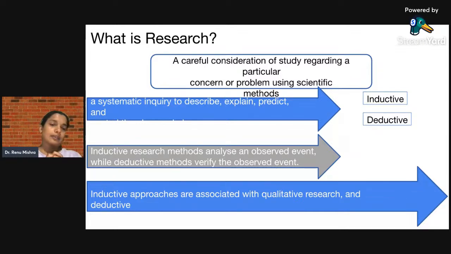All right, then comes that whenever we are conducting a research, it has to be a proper systemized form of inquiry. Okay, so to start with, I should have a problem in my hand which leads to research questions, my objectives.